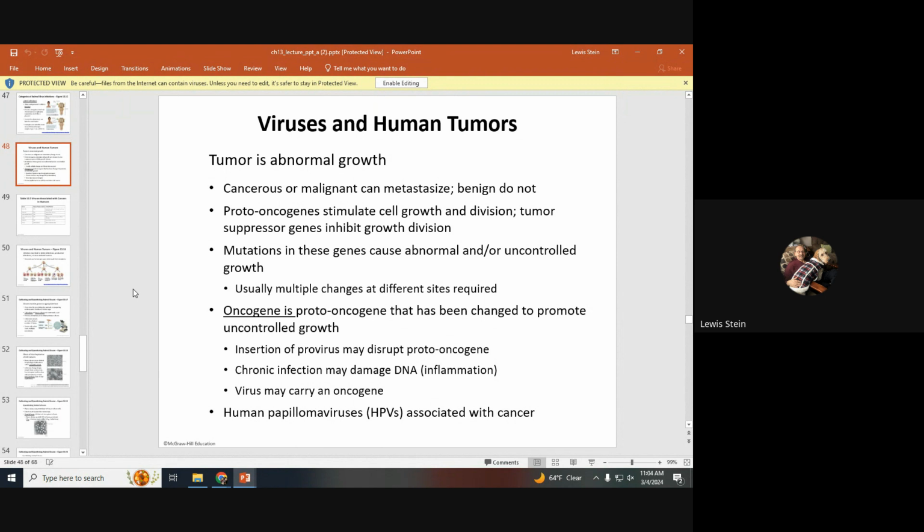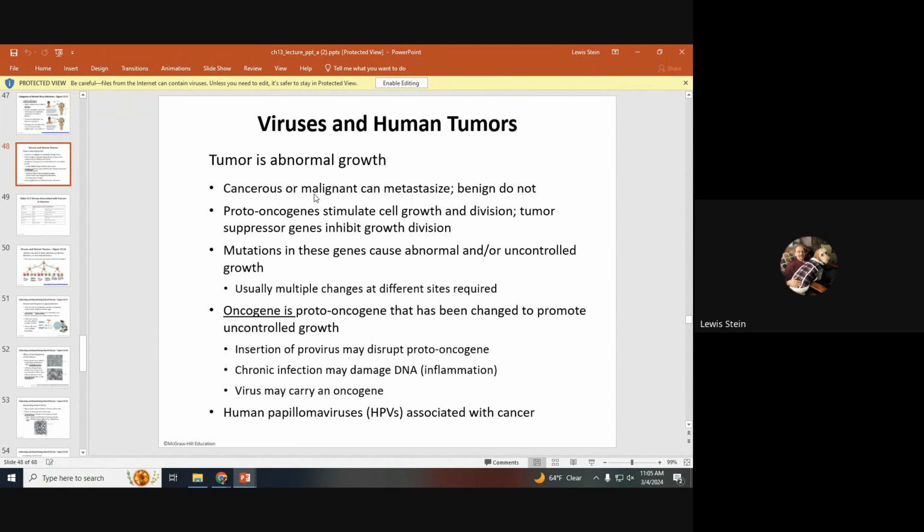We have now begun to categorize different types of genetic mutations in our cells secondary to viruses, and that's how they analyze the BRCA1 and BRCA2 genes. I'm going to spare you the discussion, but we use the term tumor incorrectly. The implication is cancer, but most tumors are benign.